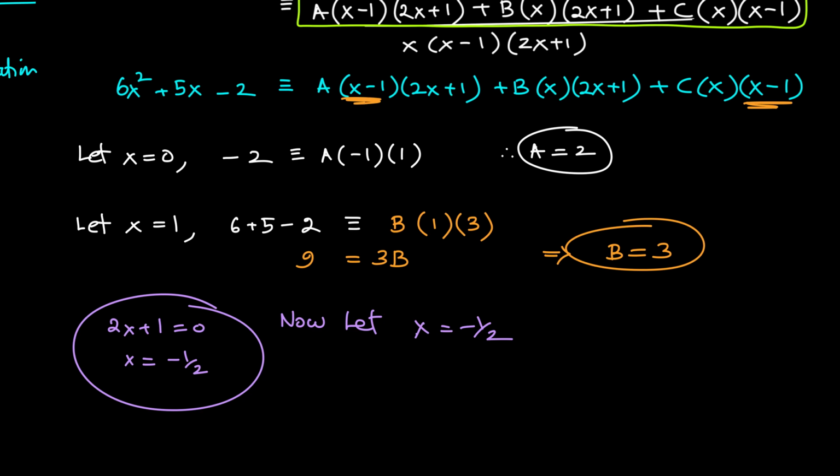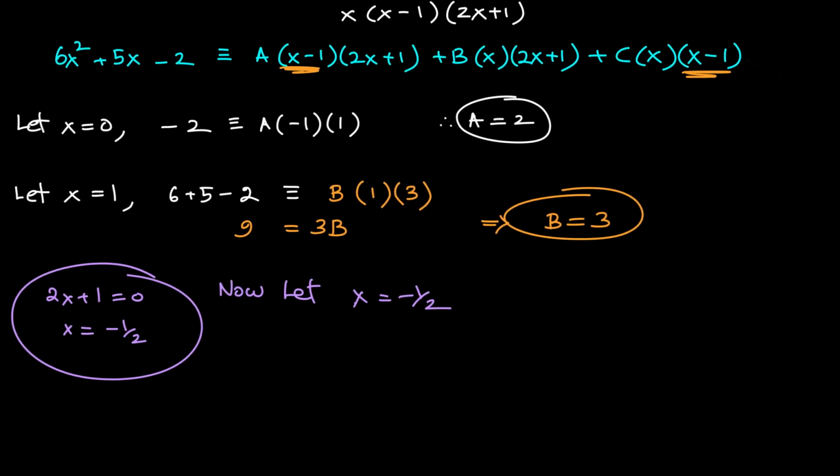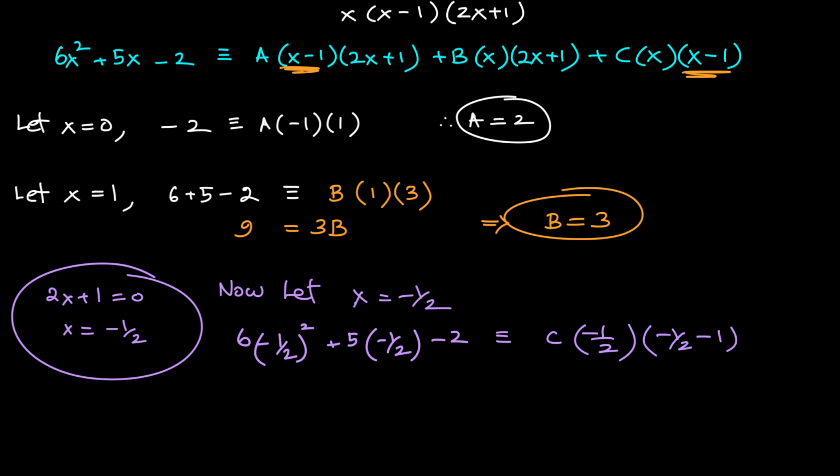When x equals negative half, we have negative half whole square multiplied with 6, 5 multiplied with negative half, minus 2. That is identical to a disappears, b disappears, c is multiplied with negative half and negative half minus 1. So this is 6 over 4. This is negative 5 over 2, negative 2.